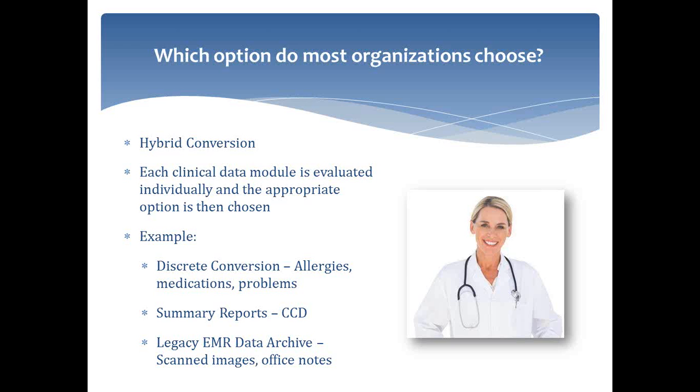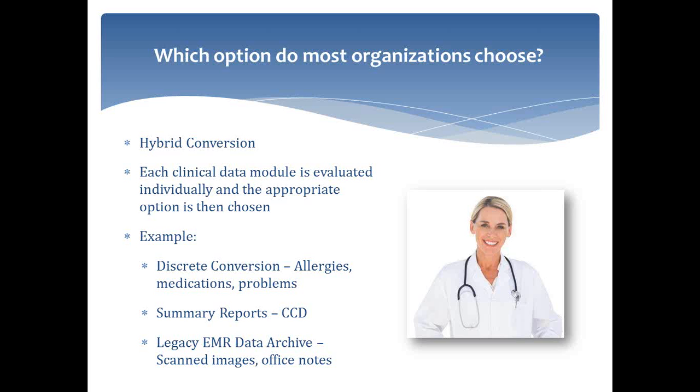So a lot of times we'll do the discrete conversion portion for those particular modules, and then we'll do everything else into an archive solution. Sometimes patients may want just a CCD, just a summary of that patient chart as a document. So we can either put that into an archive solution or move that over into the target EMR.